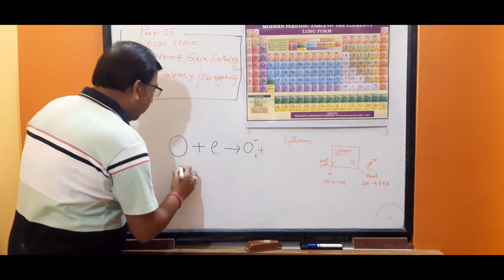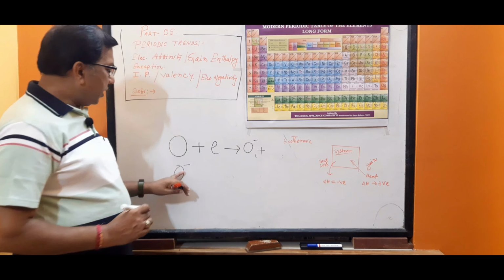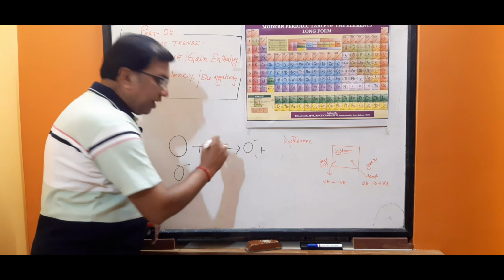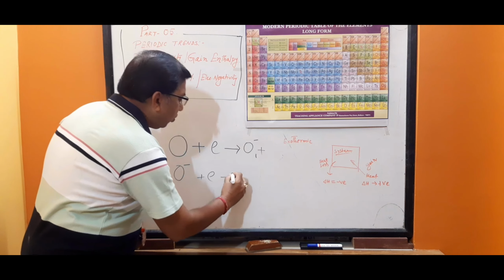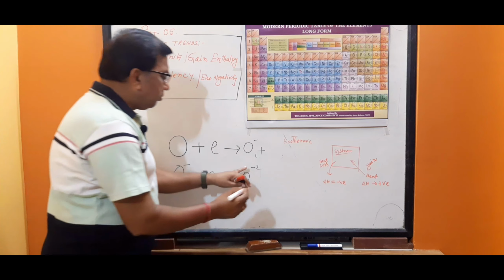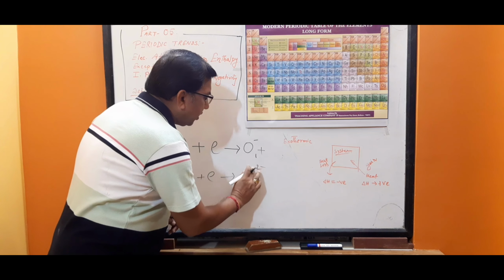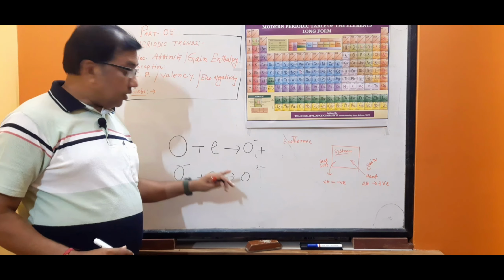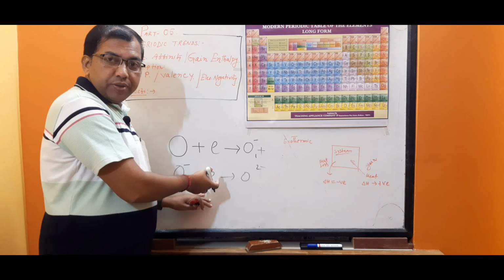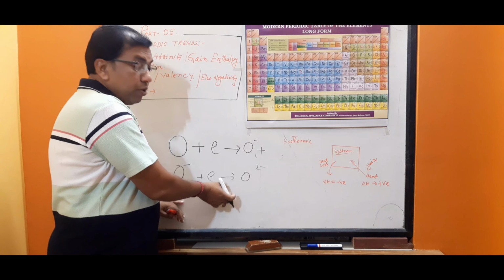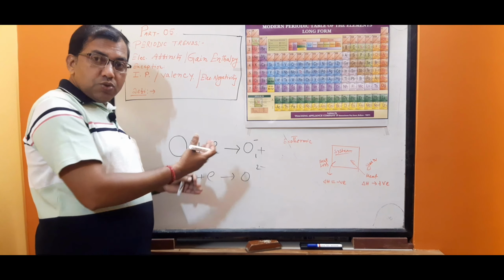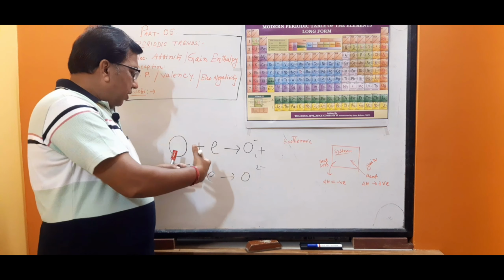Again, from this negative anion, if you want to add another electron, it will be O2 minus, which you can write as double minus. In this case, more energy will be required, and delta H will be positive because it is already negative there. So it does not have a tendency to gain an electron.